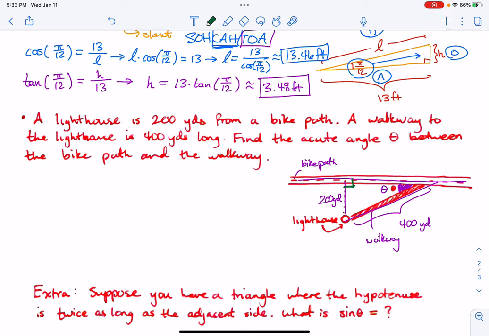Right? But if this is my 90, it's looking across at the hypotenuse, which is over here. If this is my angle, that's looking across to the opposite side. And then I got my adjacent. Okay, so they gave us the opposite and the hypotenuse. Now let's look at SOHCAHTOA again.